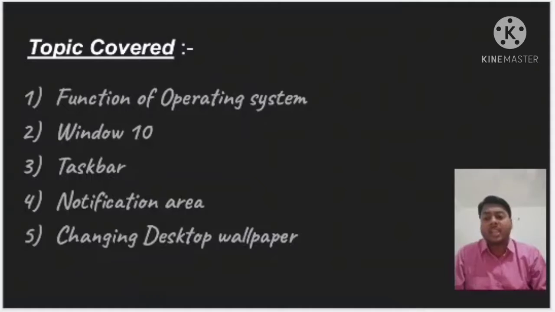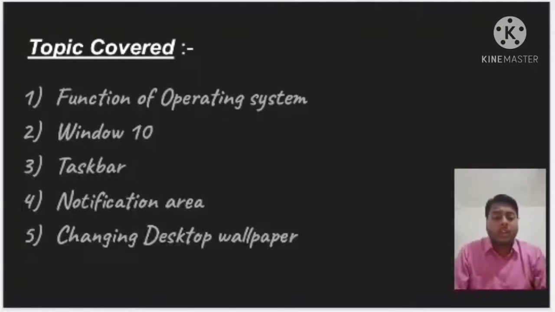Today is the last part of chapter 2. In the next part we will discuss the question answers, and you also learn all these things. Okay, and the notification area is also completed. And here is the last topic, about customization of the Windows environment, in which you see three major changes.